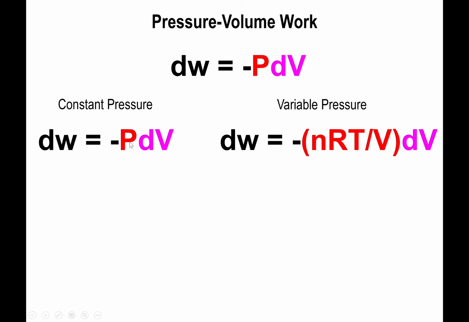So PV equals nRT. And if you solve for P, you're going to find out that nRT divided by V is nothing more than the pressure itself. And what you're doing is restating pressure as a function of volume. Okay, and that's kind of like the idea of having variable pressure. All right, now I'm going to kind of skip a step right here because it does involve calculus.